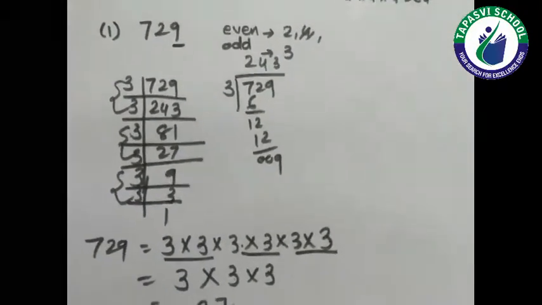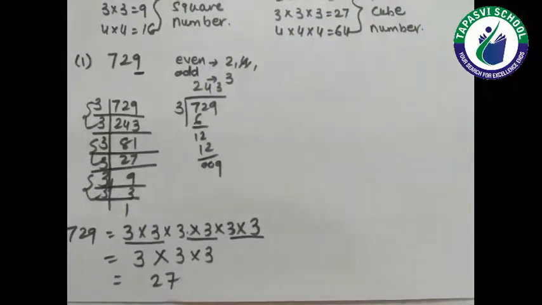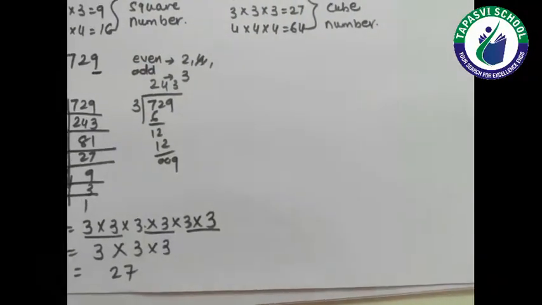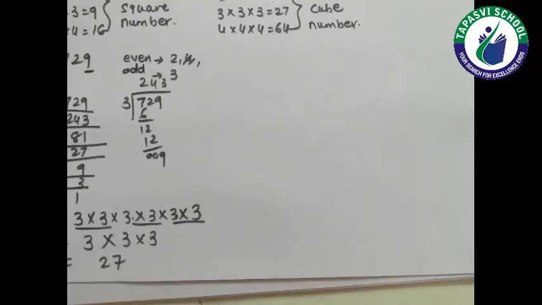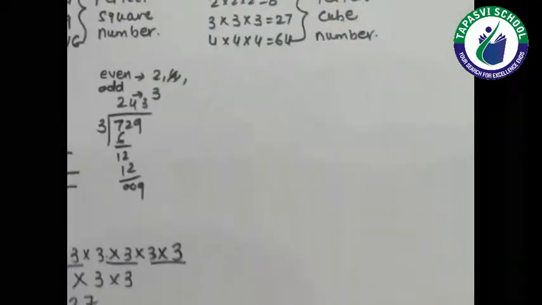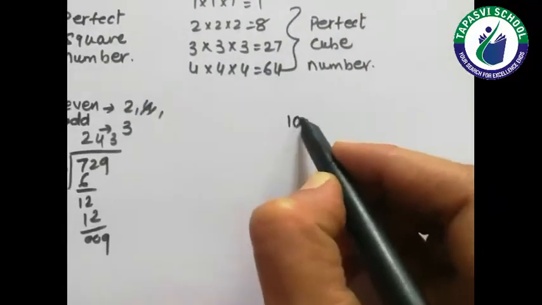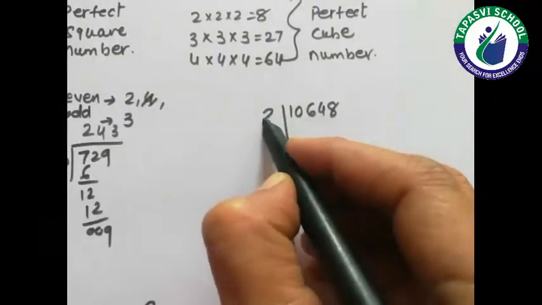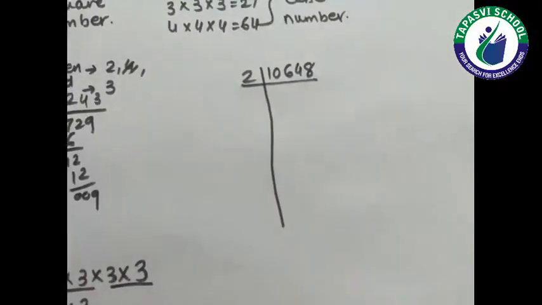Now we are taking, students, one example of cube root. I am taking this concept together just because the concept and logic of the chapters is the same. Here, for example, I am taking 10648 divided by 2, because the last digit is even.